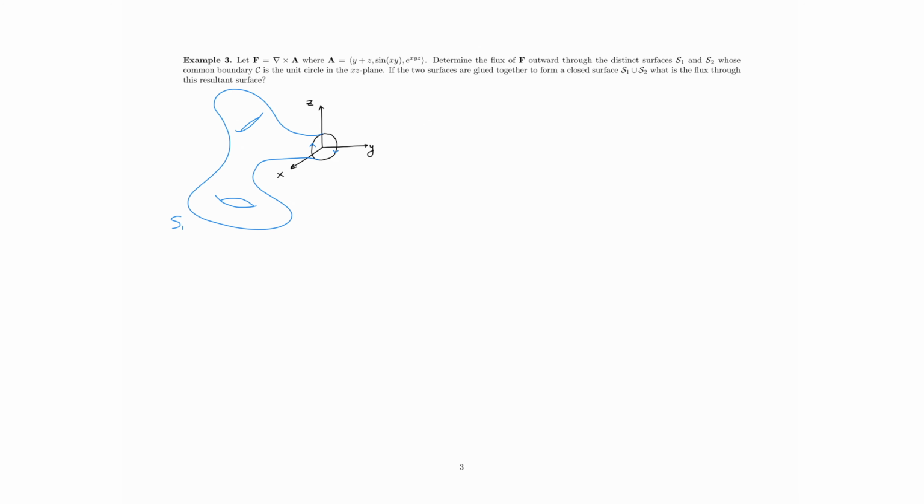And now S2, let's just do something else here. Something like that. So one thing to keep in mind here is that this circle here gets a little bit confusing, so I'm going to gray out this portion here. Oops. What the heck? My whole little blobby thing went away. I don't know what happened.